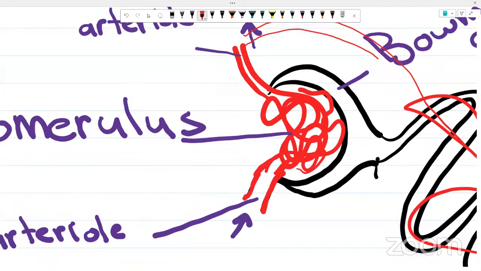A lot of blood gets into the glomerulus, but a very small or smaller amount is allowed to leave. This will create what? It creates high blood pressure in the glomerulus.